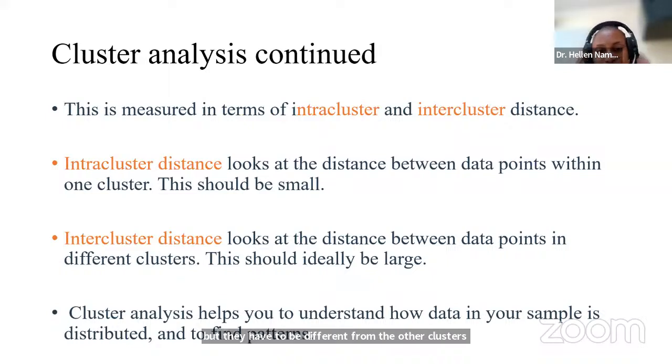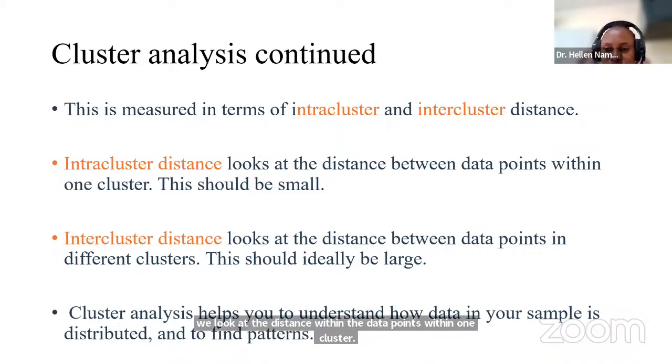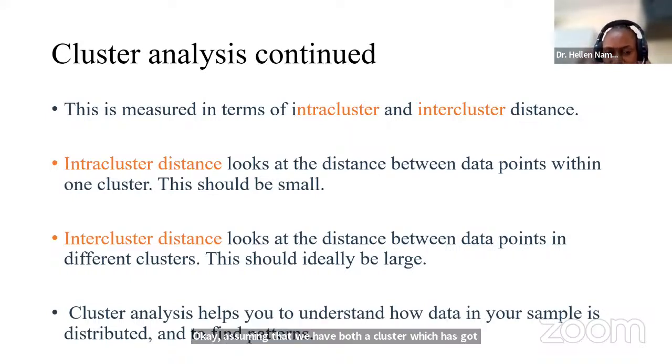Today we are also going to understand different terms: the intracluster distance and the intercluster distance. When we talk about the intracluster distance, we look at the distance between data points within one cluster, assuming we have a cluster with similar observations or items.